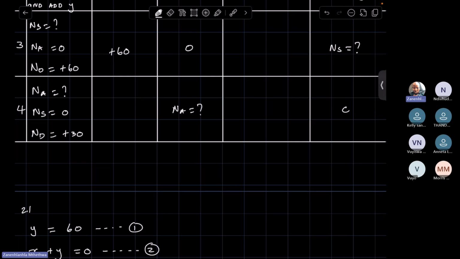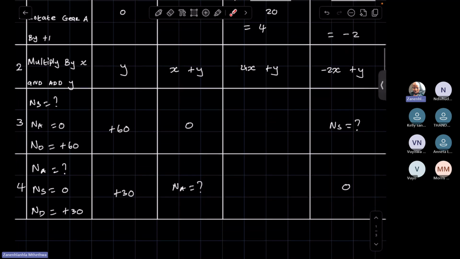NS is 0, and then ND, the arm, is positive 30. The fourth condition is complete. Now, how do we determine NA? We determine NA by establishing equations that we're going to solve simultaneously.